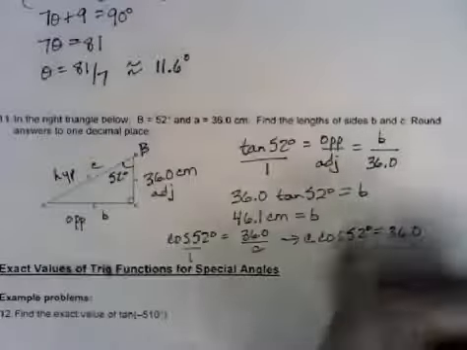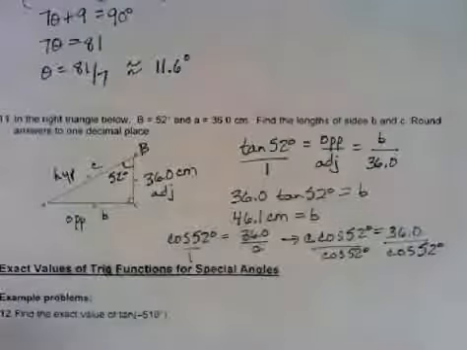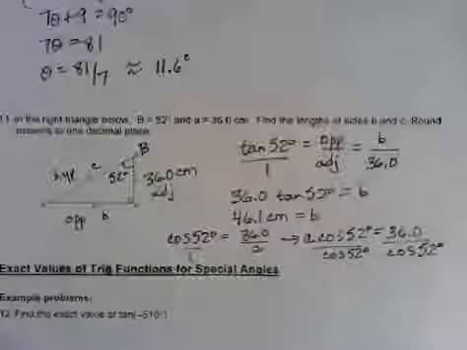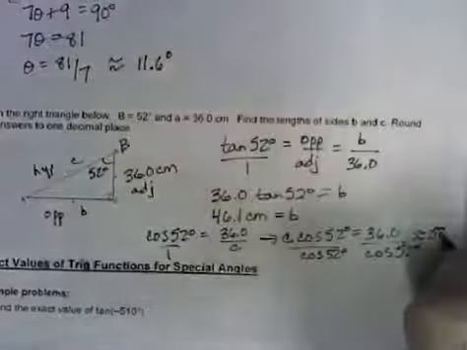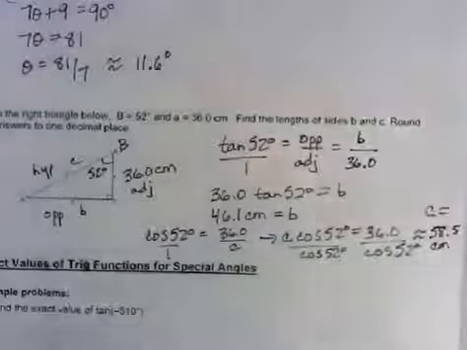This time I end up having to divide both sides by the cosine of 52 degrees. I'm going to do that all in one step in my calculator so that I don't have to worry about rounding error. When I round that answer to 1 decimal place, it gives me 58.5 centimeters. So that's my value for C.